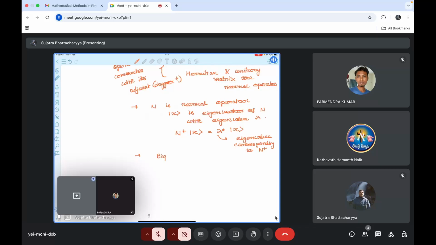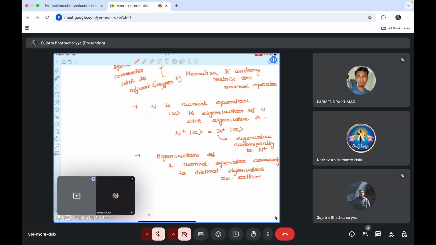Next, eigenvectors of a normal operator corresponding to distinct eigenvalues are orthogonal.